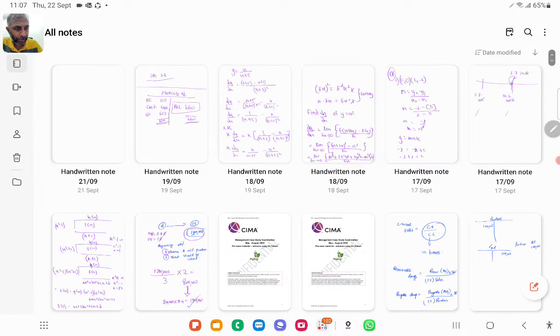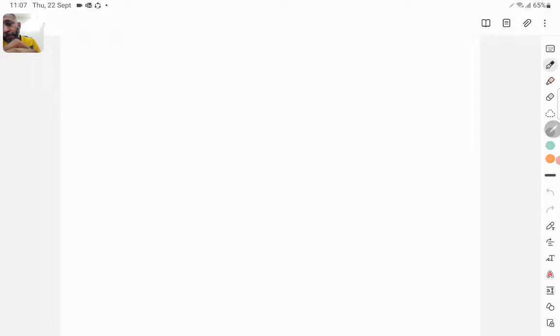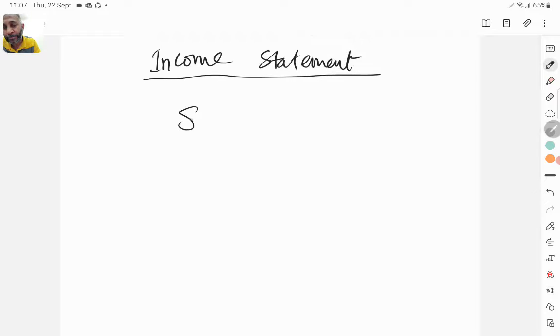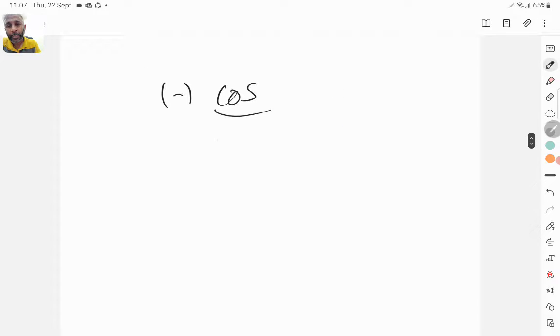So let me open a new note. We know we have the income statement. In that we have sales minus cost of sales. The cost of sales has opening stock plus purchases.